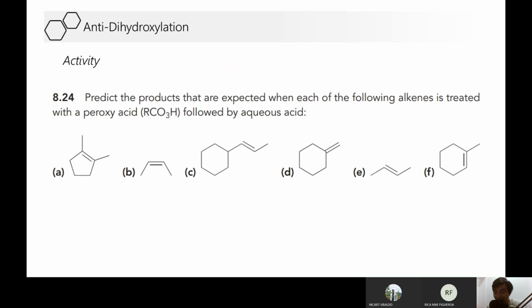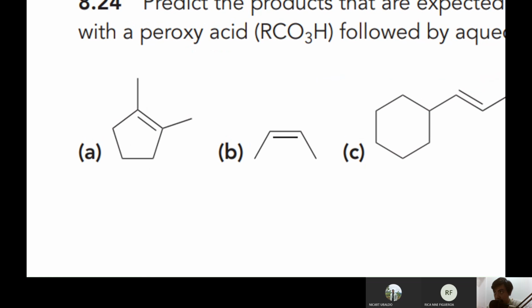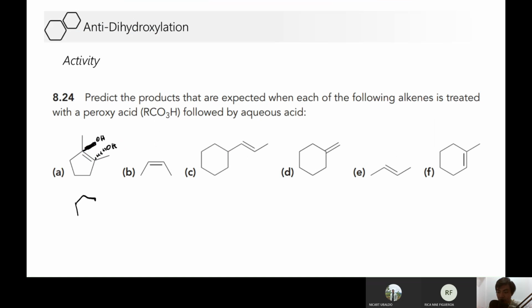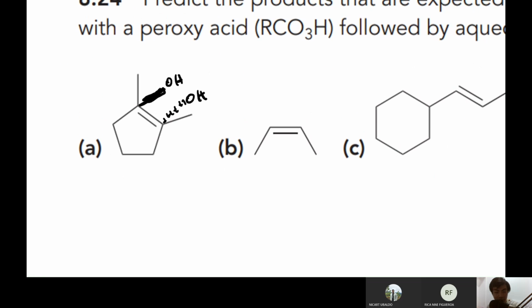Ayan, alam niyo na yan. Okay, so sige, sagutan natin yung iba. Syempre, dalawang OH lang kakabit dyan. Yung isa nasa harap, yung isa nasa likod. Okay? So, draw natin yung product.